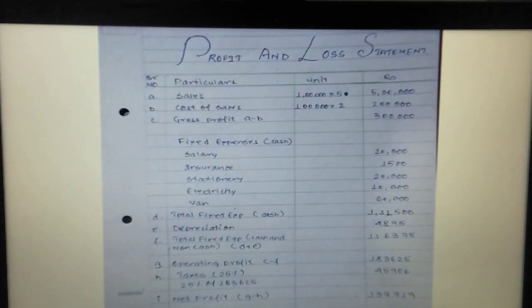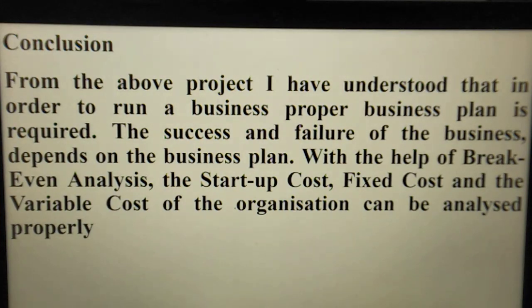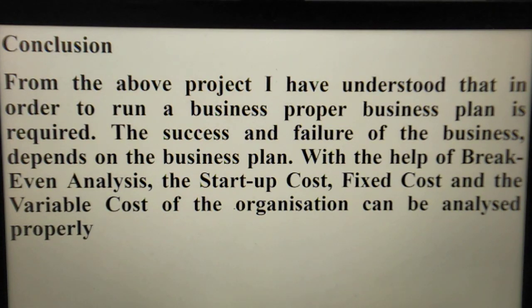Then comes the profit and loss statement, that is, what will be the profit as well as the loss for the organization, you will be making a record of it. And at the last you will be writing the conclusion. In the conclusion you will write what you have learned from the project.